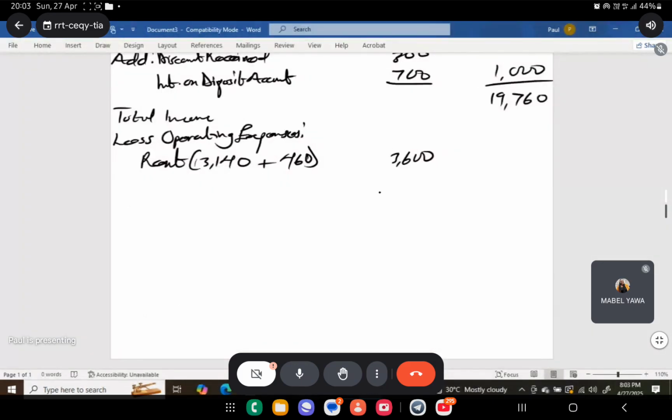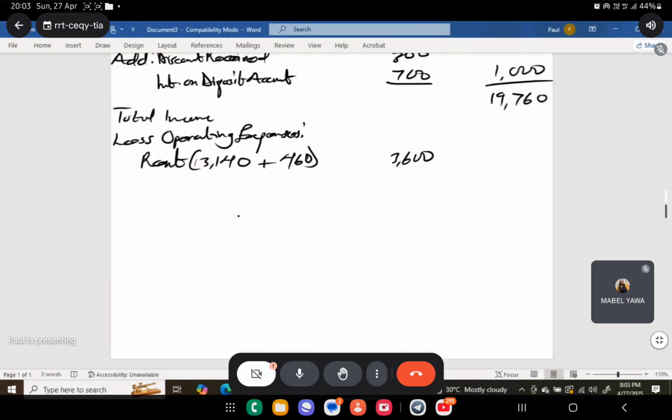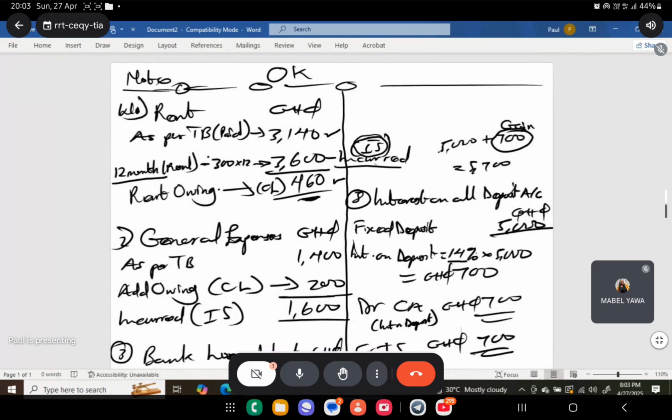So this is it. Then we take another one, general expense. The general expense, we take from the trial balance.